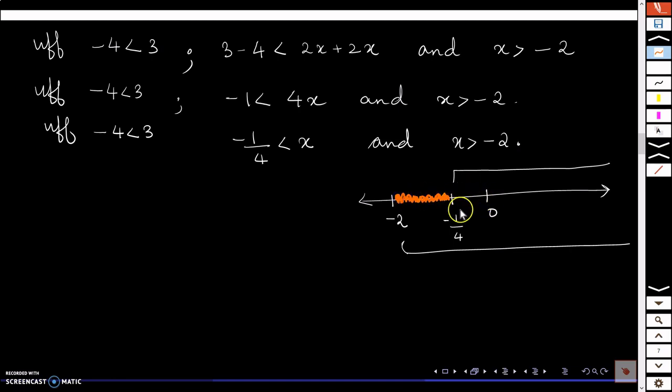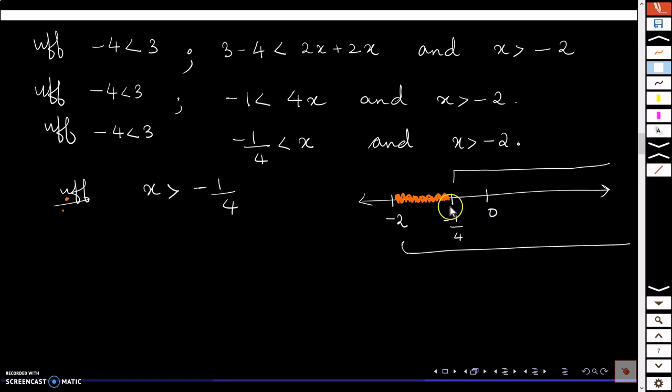So which points will come in the set A finally? All the points which are bigger than minus 1 by 4, right? And that is same as saying x is bigger than minus 1 by 4. The other two conditions are redundant and we are not getting anything from the remaining two conditions.